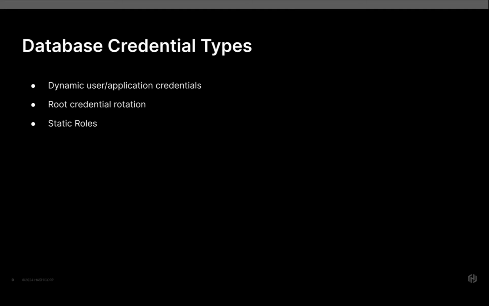You can as well rotate the root credential. So your database root credential, Vault can rotate for you. And you can use static roles, right? Meaning you are going to define roles inside your Postgres database, and you're going to link Vault. And Vault is going to generate the password for the static role username, right?